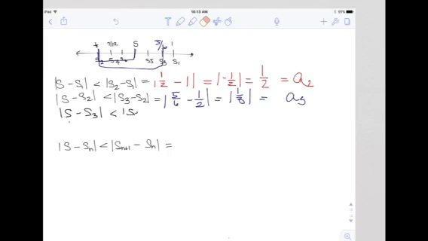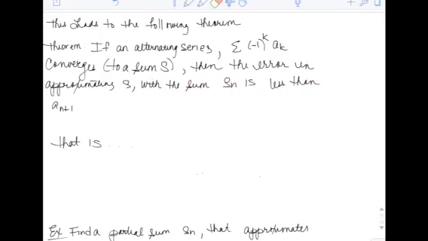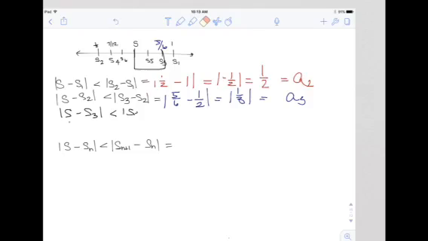And let's do it one more round. I started writing it in. S minus S3, let me go back and erase this. S minus S3 is smaller than, using the pattern, it will be less than S4 minus S3.